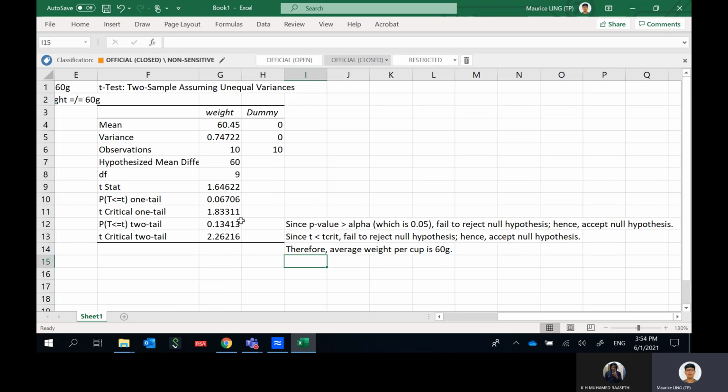If it's one tail, yes, because it's still a 6.7% chance that the null hypothesis is right. Okay, so then you bring out a question: why do we use alpha equals 0.05 or 5%? Because the confidence level is high. Not really.